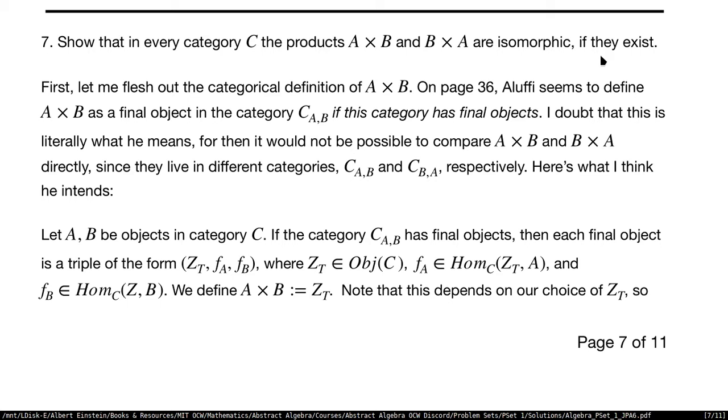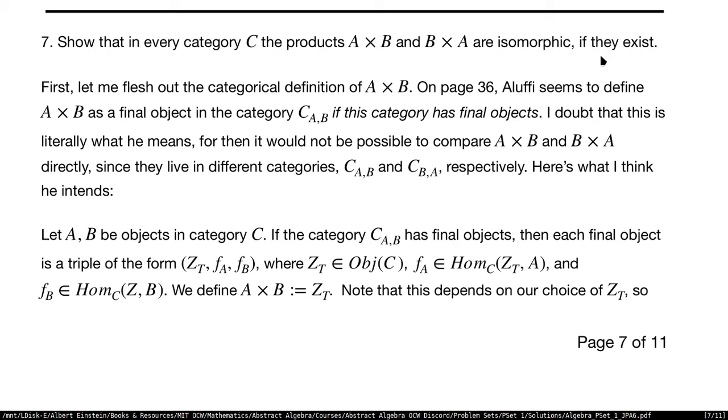Okay, so let me restate what you've stated already. You have the category C, and A and B are objects of C. Then, if C_AB has final objects, each of those final objects is going to be a triple.